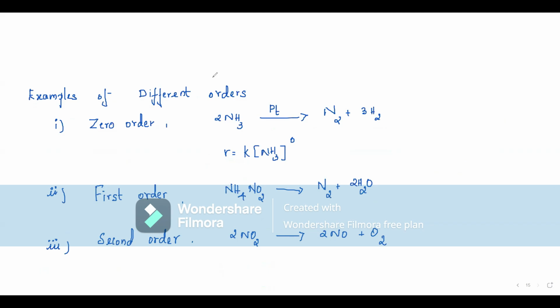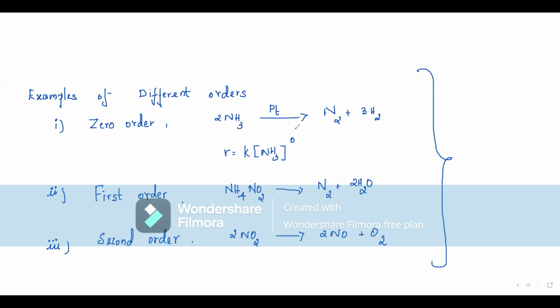Okay, so examples of different order reactions: zero, first, second order reaction. If you can memorize this, you are strongly encouraged to memorize it. Chances are less, but yeah, if your target is 100, then you better study at least one example.